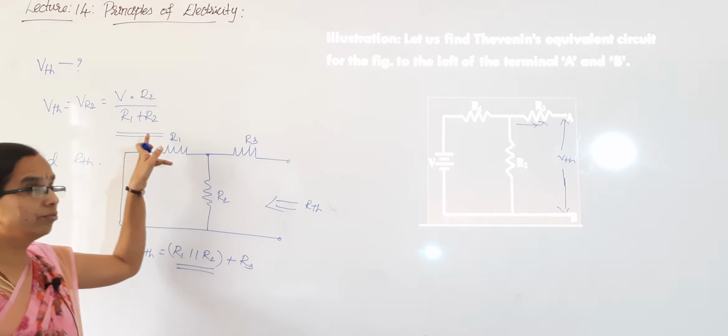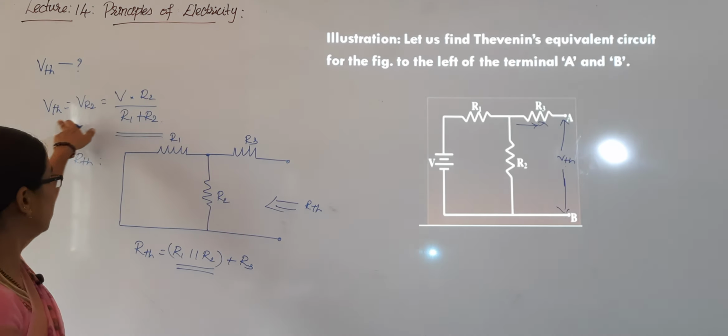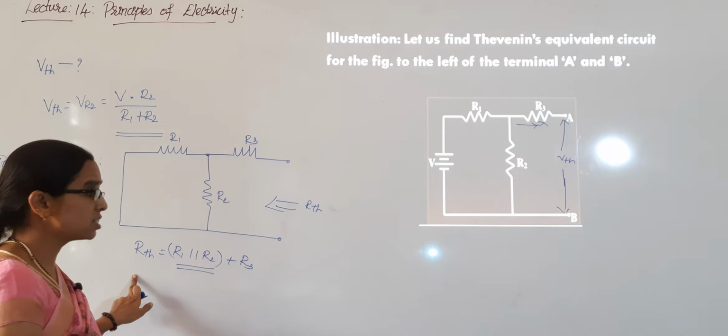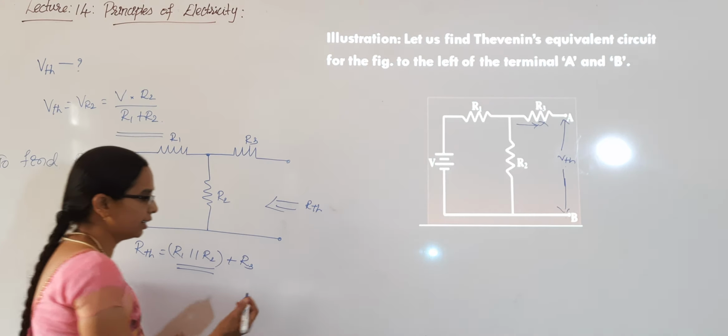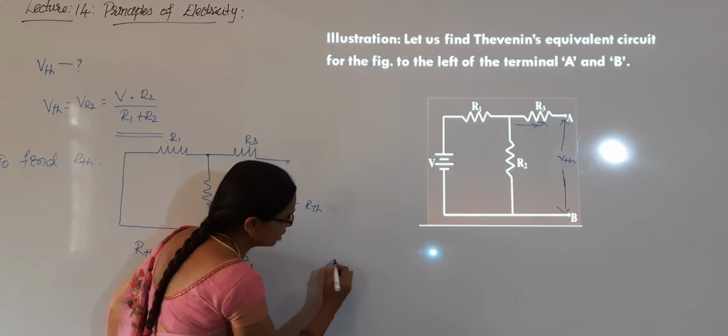Okay, we have found VTH as well as RTH. We have to write the Thevenin's equivalent circuit, that is the final circuit.